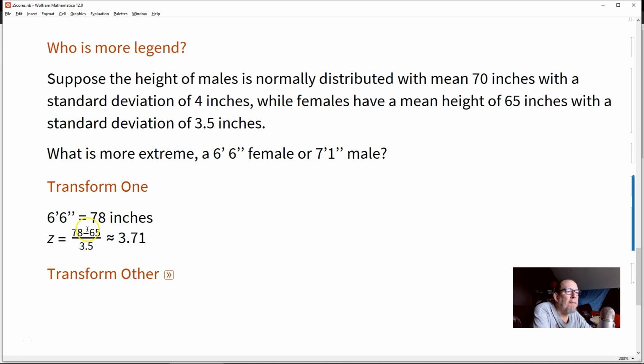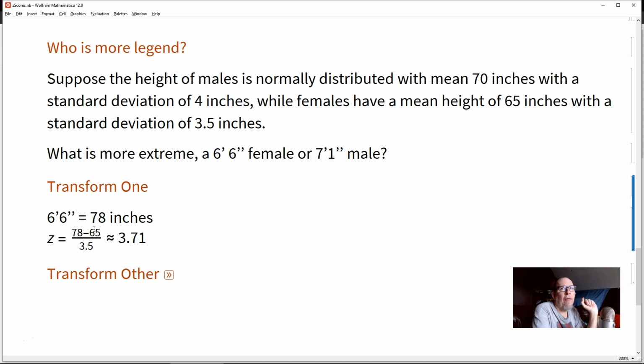I take 78 minus 65, and that tells me how many inches from the mean I am for females. And then I divide by 3.5, the standard deviation for females, and that gives 3.71. That's the z-score for 78 inches under the normal distribution for female height, and that's 3.7 standard deviations from the mean.